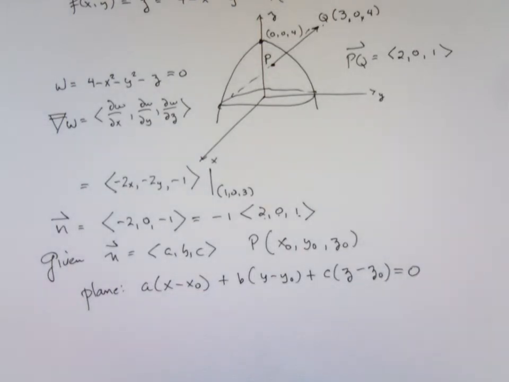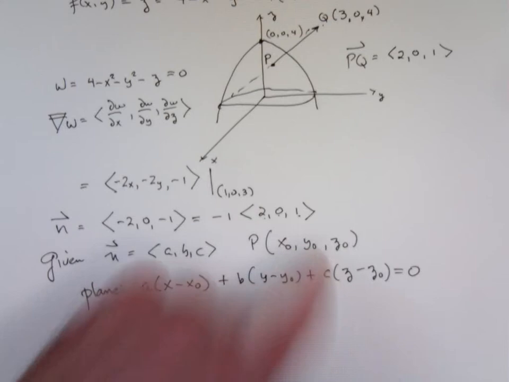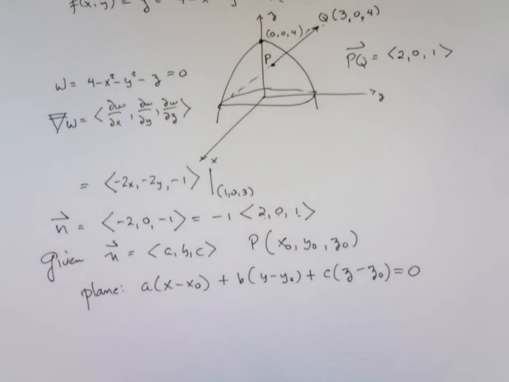Now why? Why would that be the equation of that plane having this normal containing this point? And the reason is this.